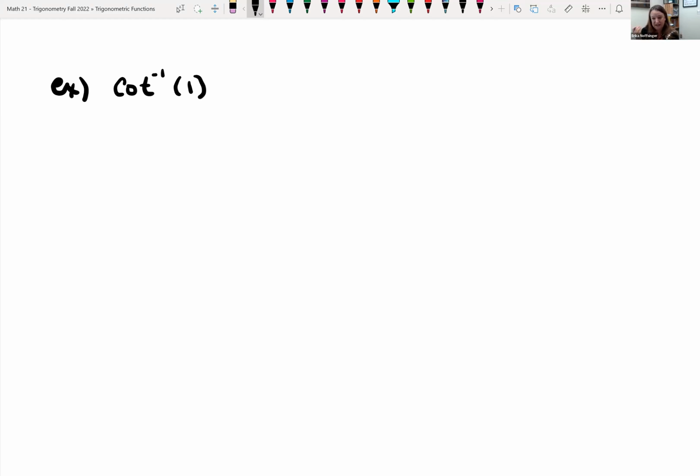I have to think to myself, what is cotangent? Cotangent is cosine over sine, so this is between 0 and pi. And then I think to myself, which value would give me back 1 for cotangent? And that would be at pi fourths. And that's between 0 and pi, so pi fourths is our answer there.